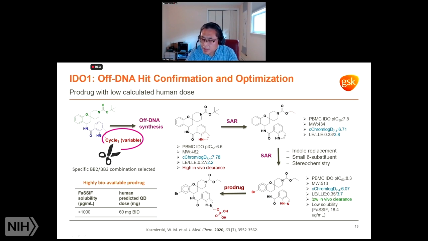However, because the C log D of this compound is still a little bit high, which result in low solubility, the prodrug approach was then used to make this compound. This compound shows a high bioavailability and high solubility, and has a low predicted human dose of 60 mg.